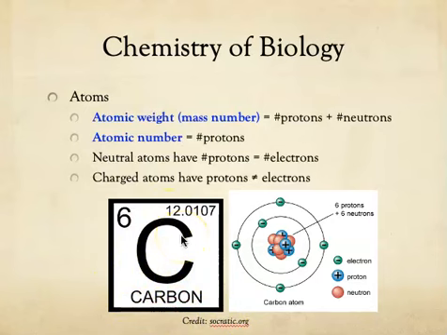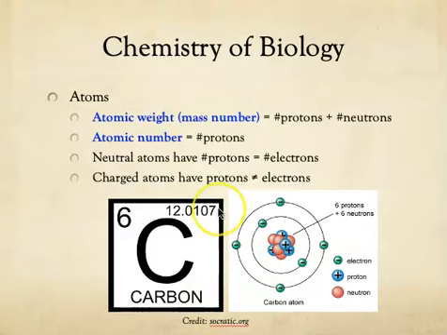In the periodic table, we're also provided with two important numbers for this element called carbon: the atomic weight and the atomic number. Now, where these numbers will be placed in the box for a particular element varies depending on the version of the periodic table that you're looking at.